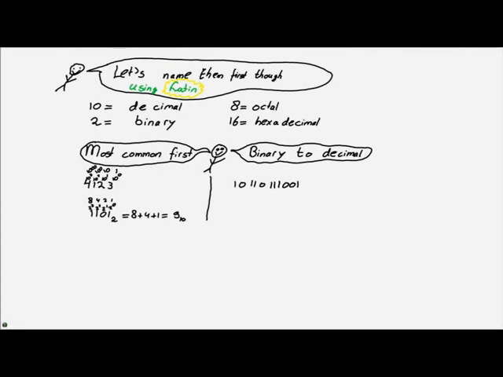We might as well take a somewhat larger number for the second example. So let's take 10110111001. Starting from the right, we can once again write in little script above the numbers what these actually represent. So they represent 1, 2, 4, 8, 16, 32, 64, 128, 256, 512, and finally 1024.